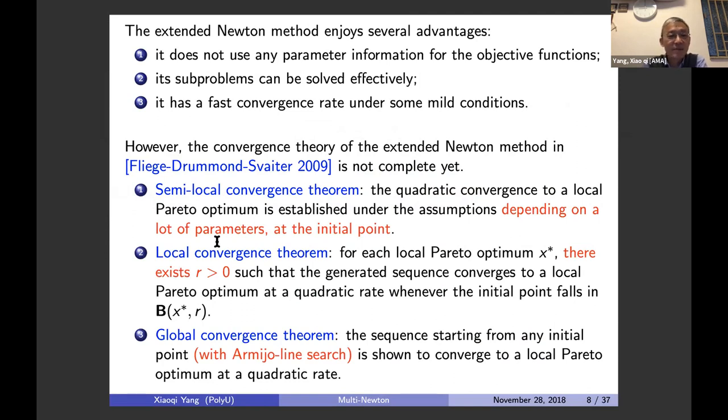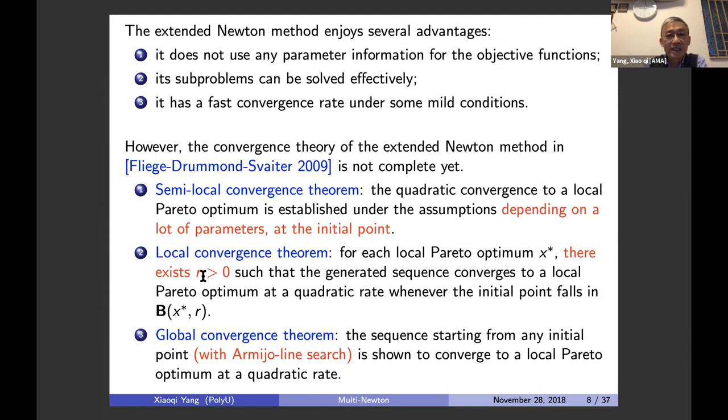For the local convergence, they only have the existence of a radius R. Within an R ball around the optimal solution, they can guarantee the local convergence.